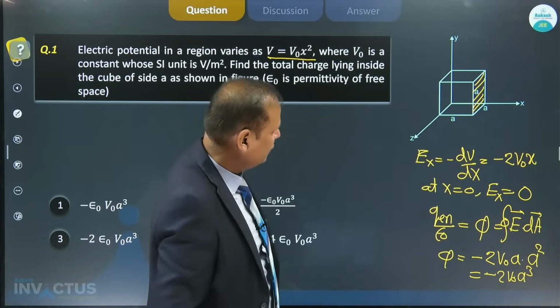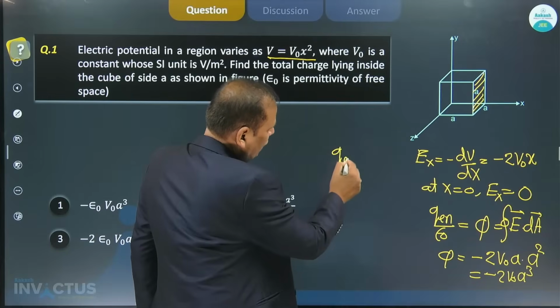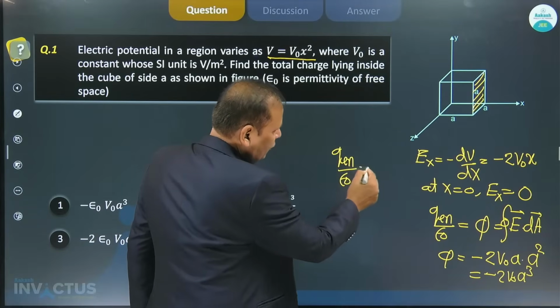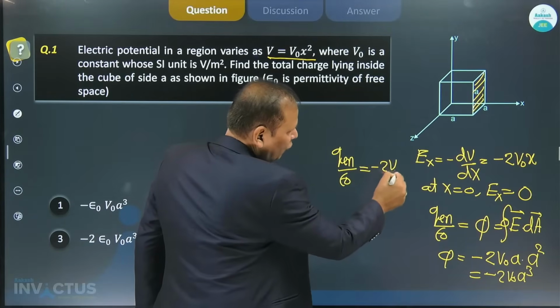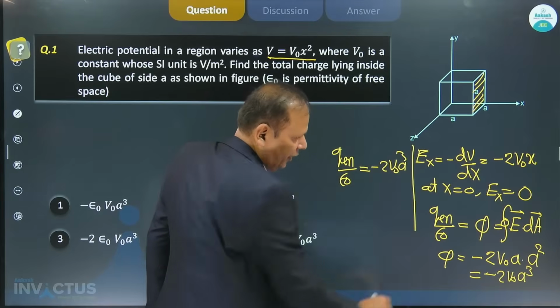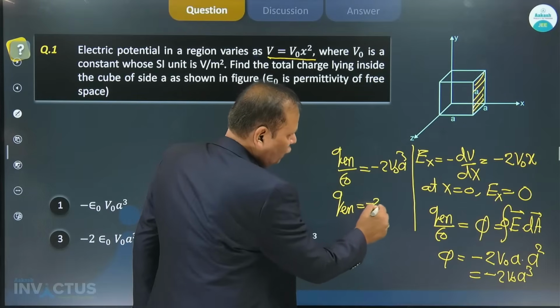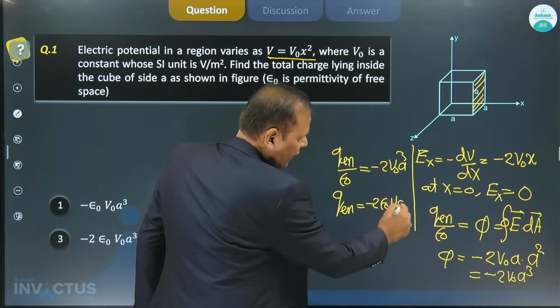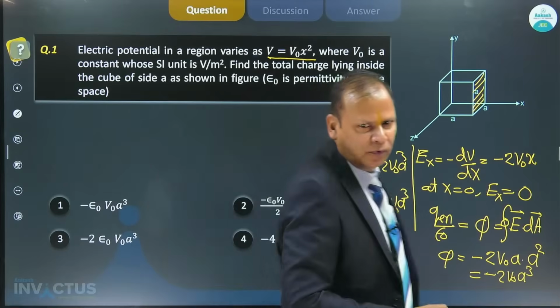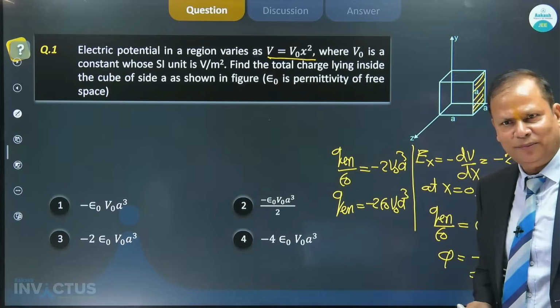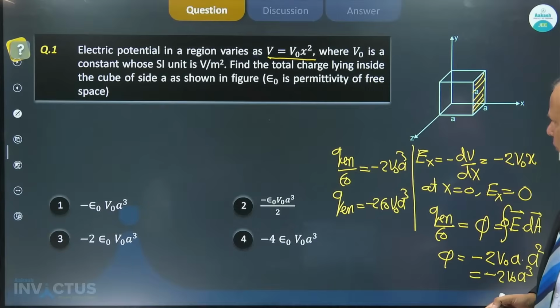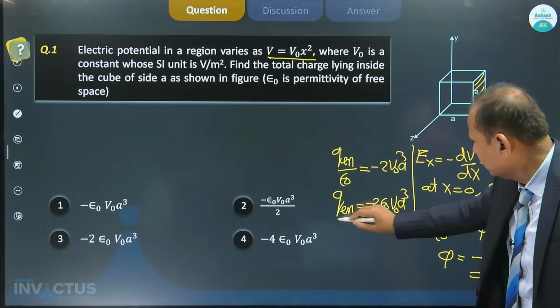This is the flux. So Q enclosed by epsilon naught is equal to minus 2 V naught a cube. Q enclosed is equal to minus 2 epsilon naught V naught a cube. So we can see the answer.